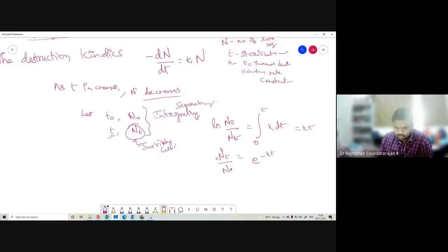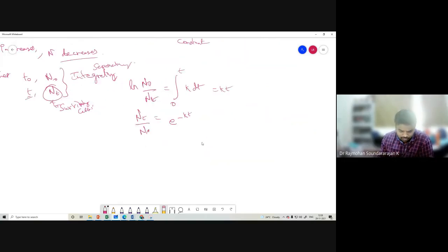Taking exponential on both sides, we have N_t by N naught equal to e power minus kt. So at any time t we have this equation, or simply you can write ln N_t by N naught is equal to minus kt. Let me call these equation 1 and equation 2. We are going to define two parameters called inactivation parameters.